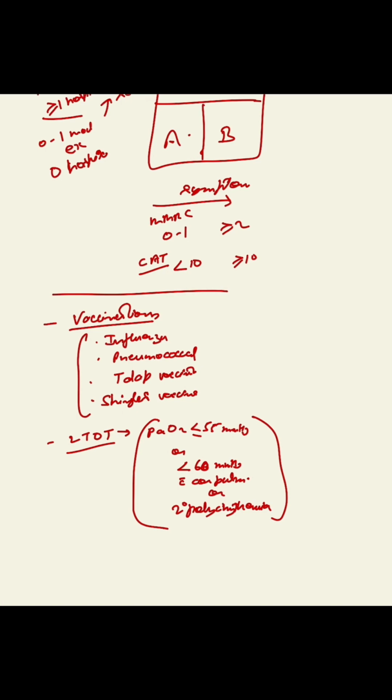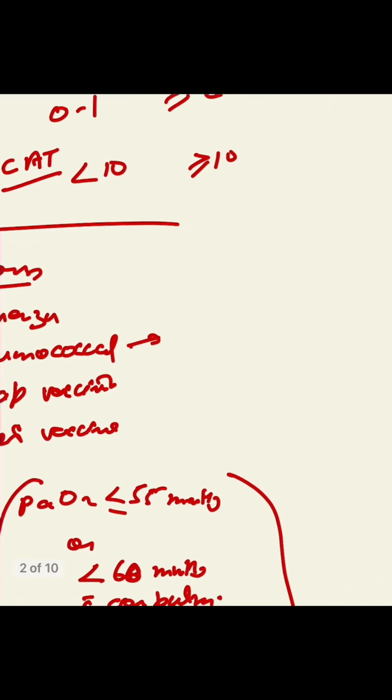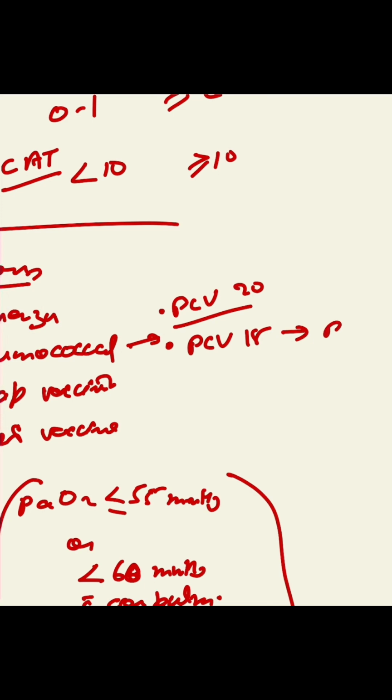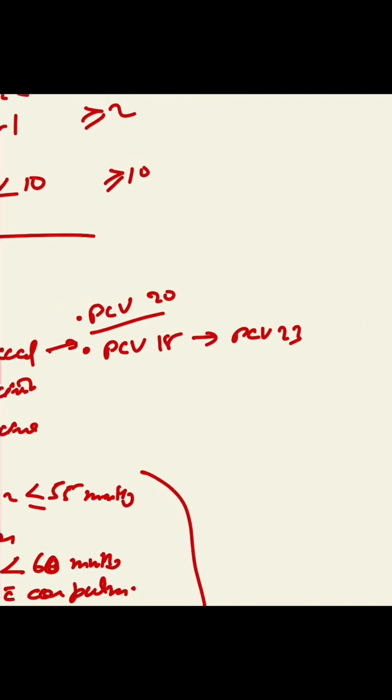These are the basic guidelines. Now, as far as the pneumococcal vaccine is concerned, the patients can take the polyvalent vaccine PCV 20 straightforwardly, or they can take first PCV 15, followed by PCV 23, right?